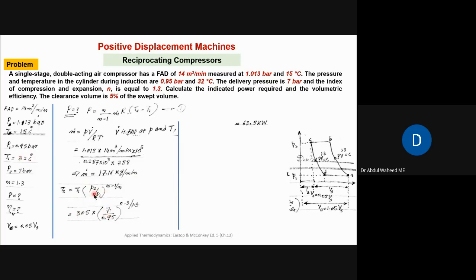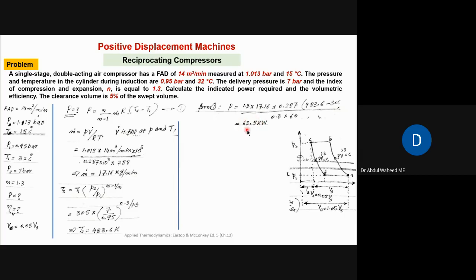These are actual conditions which are to be taken into account, and this T2 is 483.6. So in the power output, put the values: 1.3 over 0.3, m dot, which is calculated on the basis of free air conditions, 0.287, 483.6 minus 305. Okay, so that is the power output, 63.5 kilowatts.